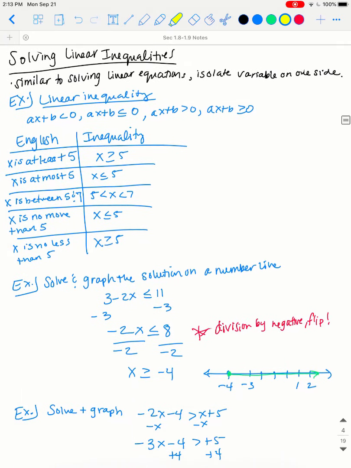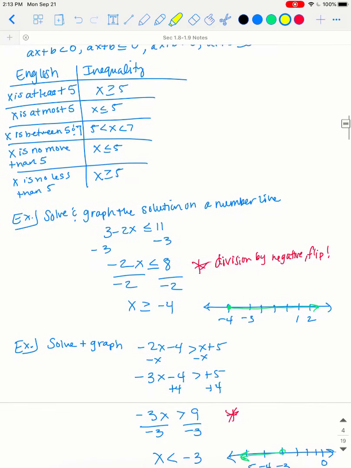So the key to solving linear inequalities, it's similar to solving a linear equation, but we isolate the variable on one side like that. But we read them a little bit differently. But here's some examples of linear inequalities. So here's some common English phrasing to describe inequalities that I've been using throughout this video so far.